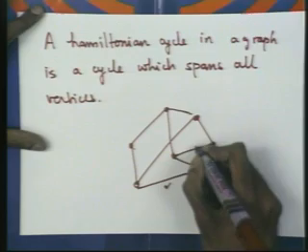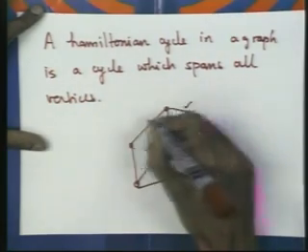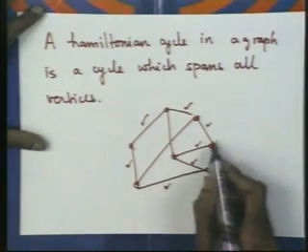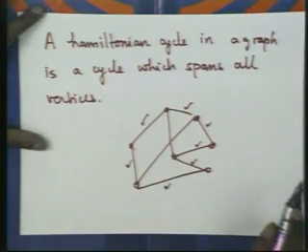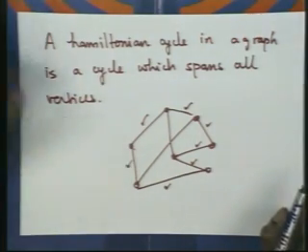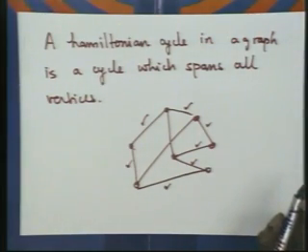This edge, that edge, this edge, that edge, this edge. So, this is a cycle which has all the vertices in the graph, right? And if I remove any one of these edges in the Hamiltonian cycle, it gives a Hamiltonian path in the graph.